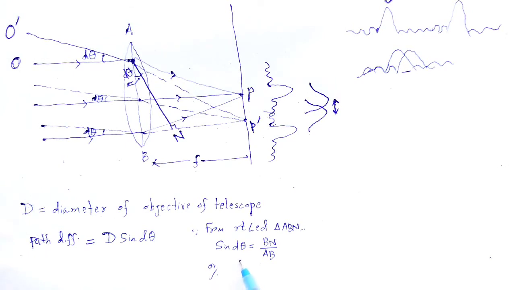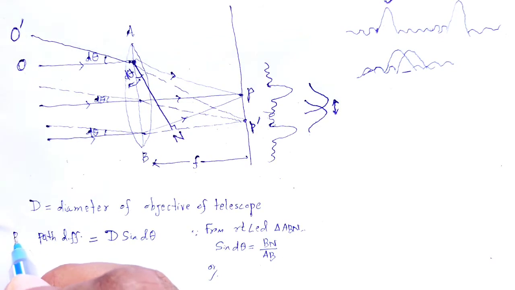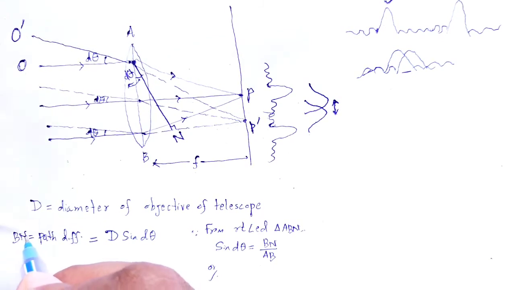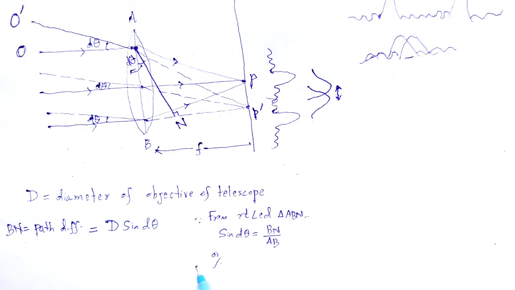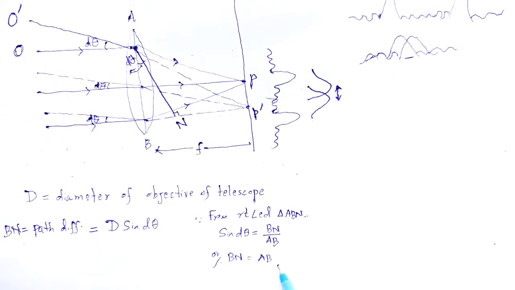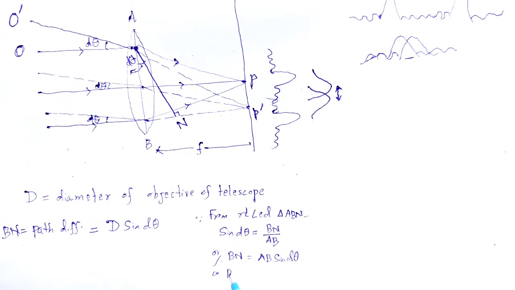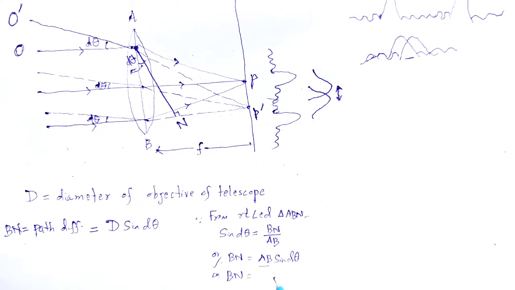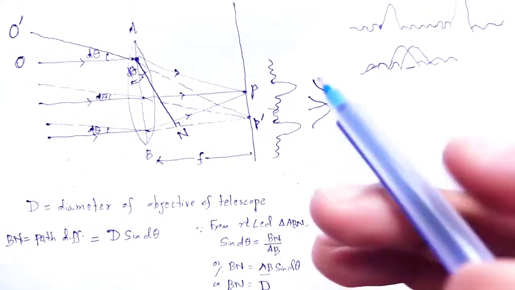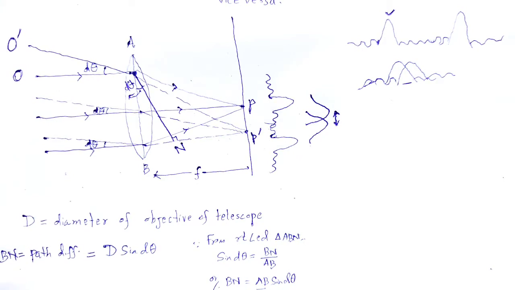Or path difference Bn is equal to FB sin d theta, where FB is the diameter of the telescope, D. So Bn is equal to D sin d theta.